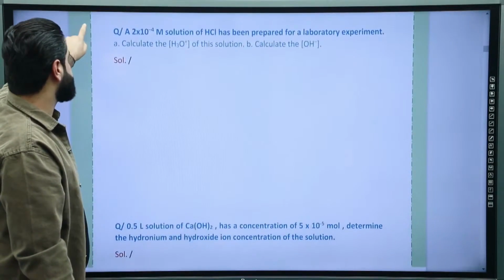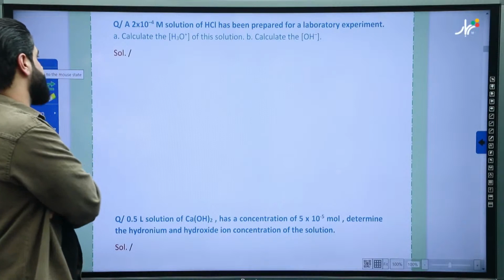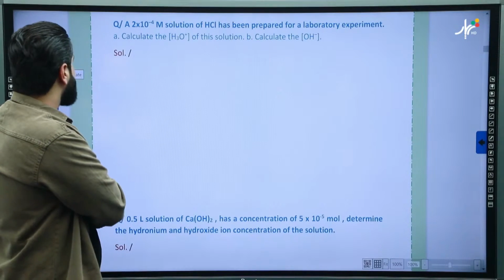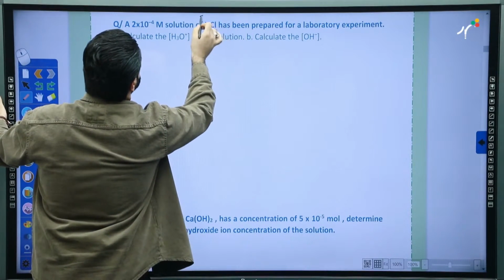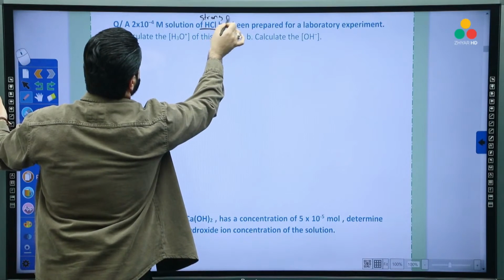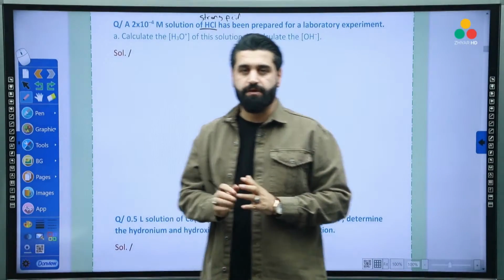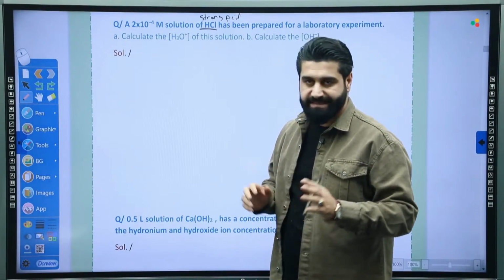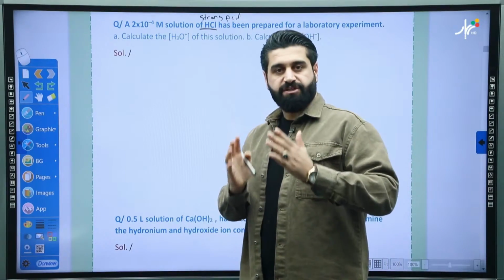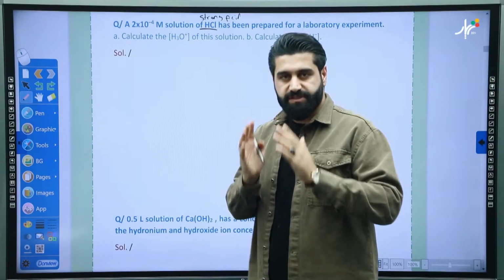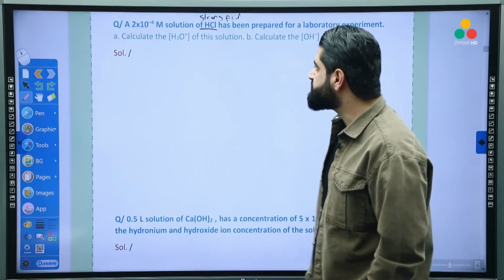Now, let's solve some questions about aqueous solutions of strong acids and strong bases. Aqueous solution of HCl. HCl is a strong acid. So that means we have an aqueous solution of strong acid. The only equation that can make a relation between concentration and hydronium ion is the equation of strong acid: H3O equals the molarity of the acid times the number of H present in the acid's formula.